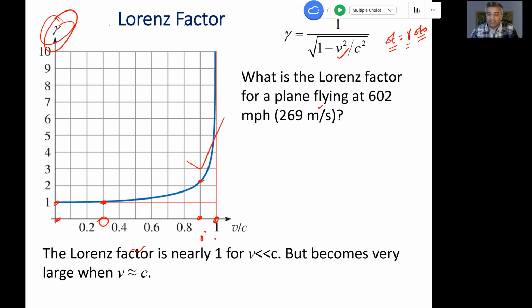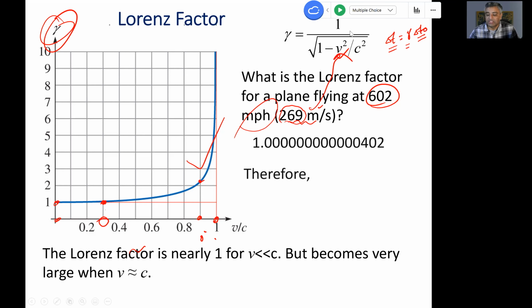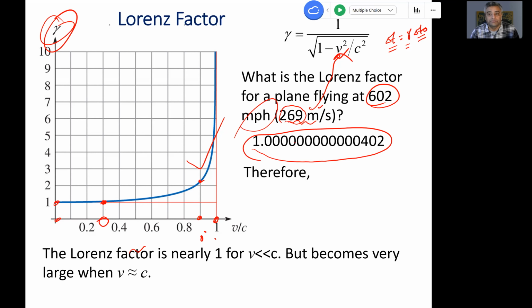But for our everyday life, for example, even a plane which is flying 602 miles per hour, its v in terms of meters per second is going to be 269 meters per second, okay? And when we use that v in there, what do we get for gamma? We get this number. See, practically this is 1. Yes, theoretically it is different, but practically this is just 1.